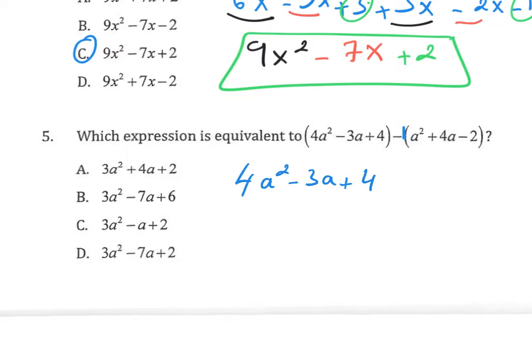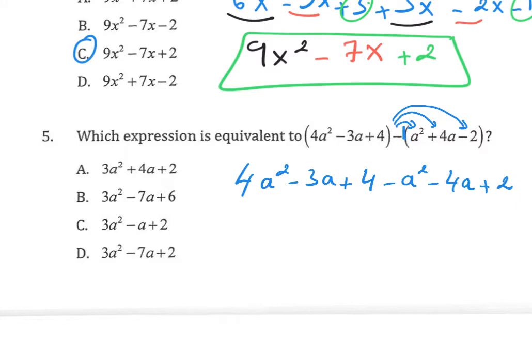We're going to distribute the negative 1. Negative 1 times a squared would be negative a squared. And negative 1 times positive 4a will be negative 4a, because negative times positive is negative. And negative 1 times negative 2 will be positive 2. That's the first thing: we have to remove the parentheses.